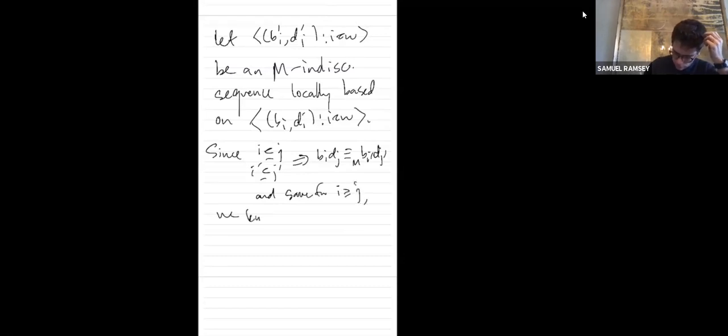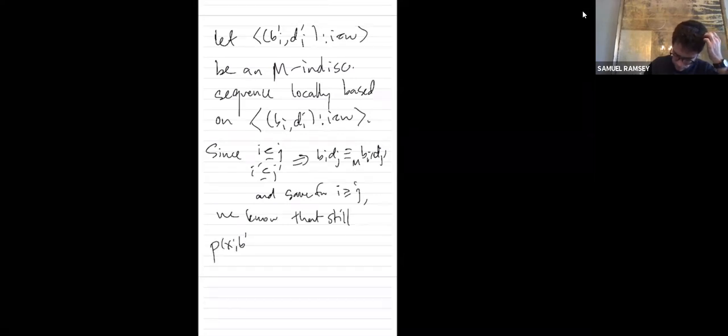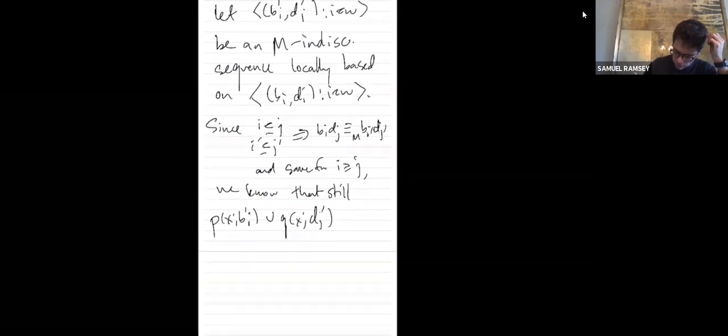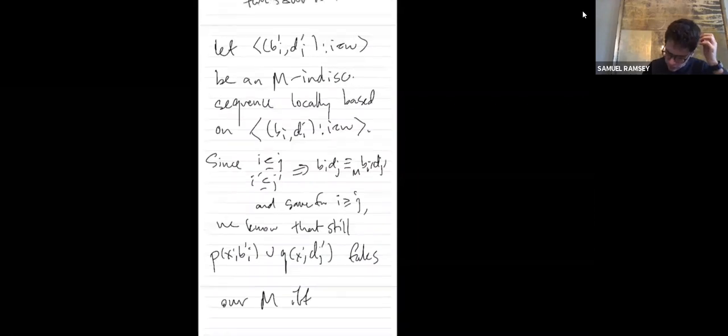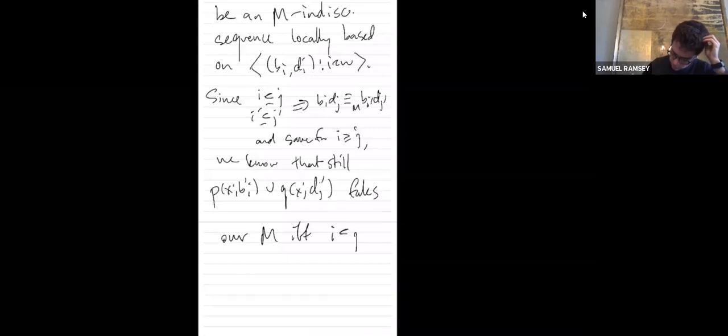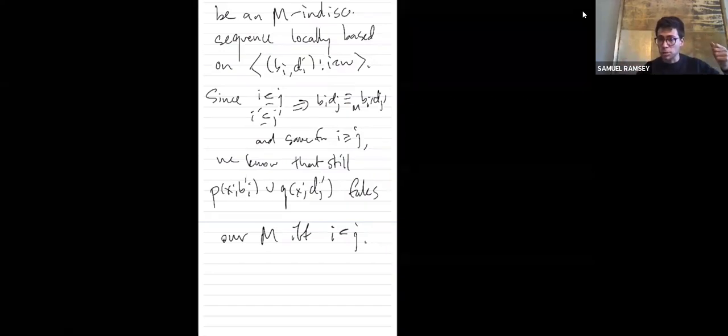We know that still P(x,B'_i) union Q(x,D'_j) forks over M if and only if, which case was it? This was the one where i is less than j. Because the type is constant among all pairs of elements in the right order relations, the type of those pairs will not change when I pass to something indiscernible.